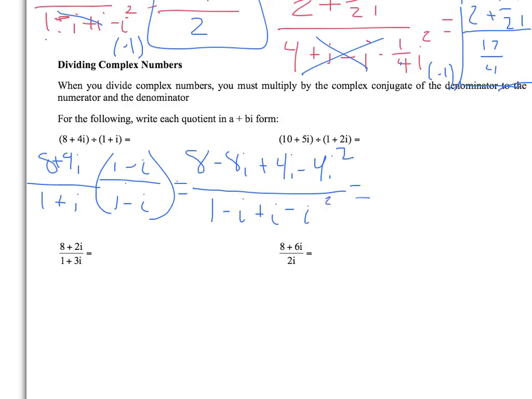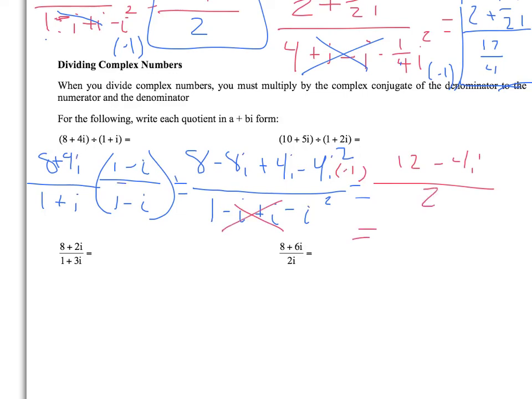The numerator, combine like terms. I'm going to show a little less work here. i squared is a negative 1. So this is just a 4 plus 8 is 12, minus 4i over, those cancel, i squared is a negative 1, it's over 2.